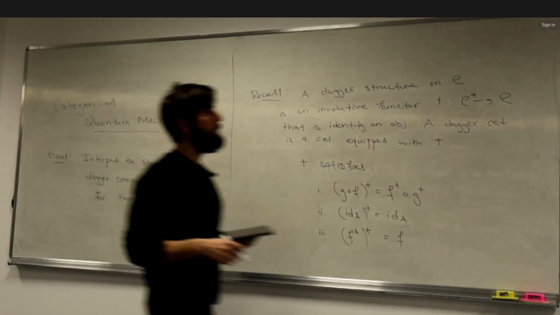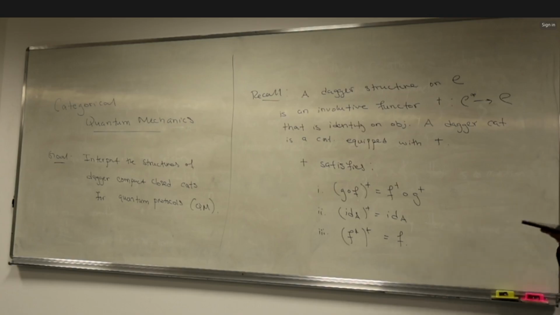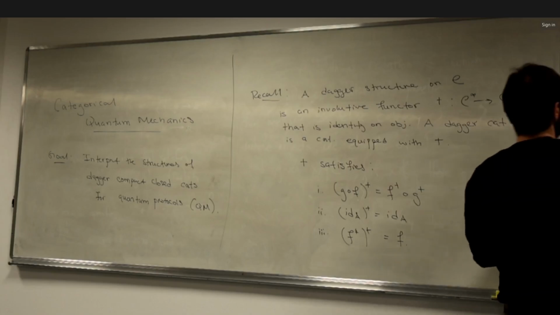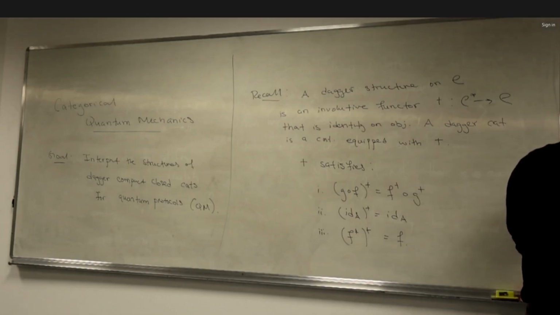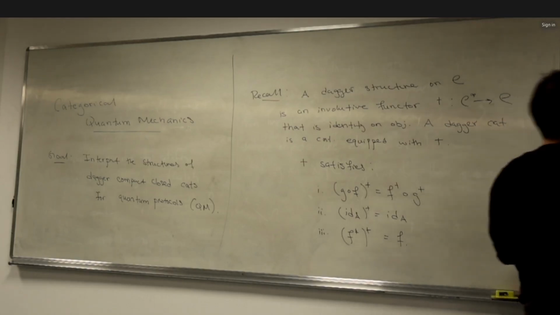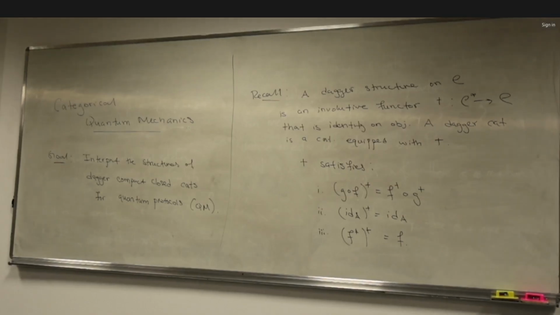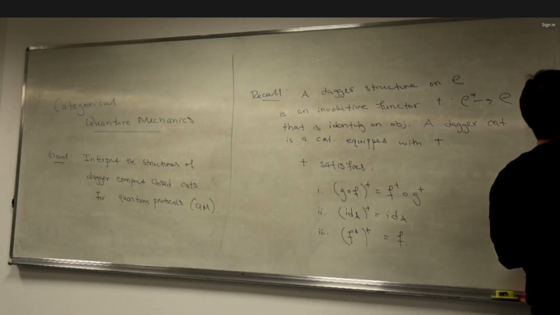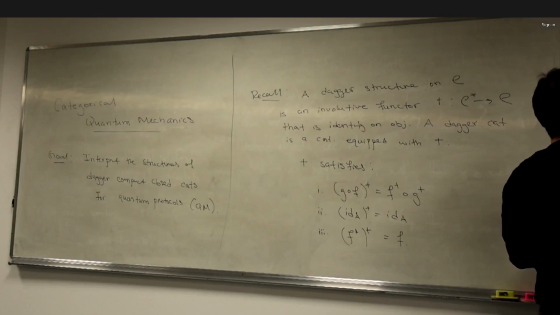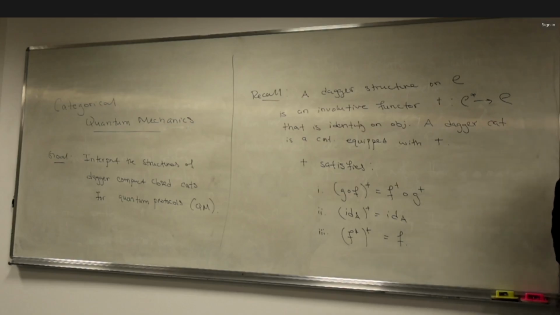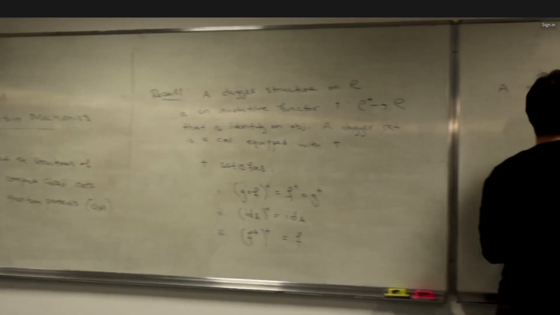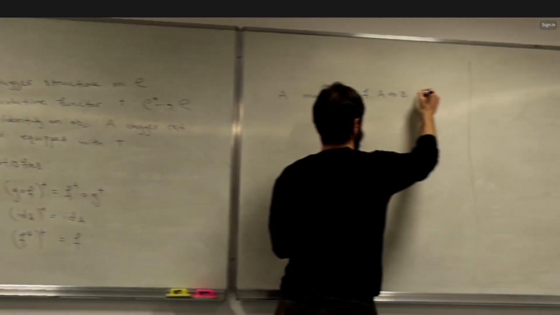So the following notions can be given a precise definition in a dagger category. Take a morphism F from A to B in a dagger category.